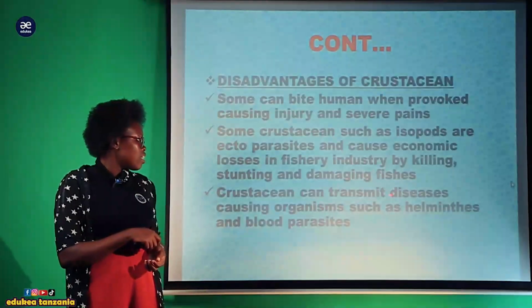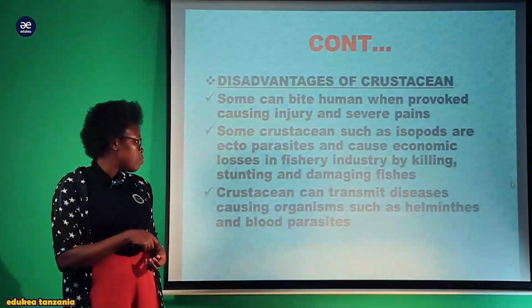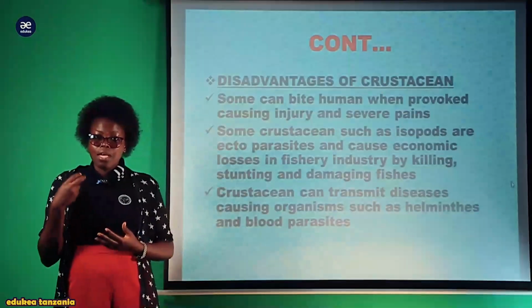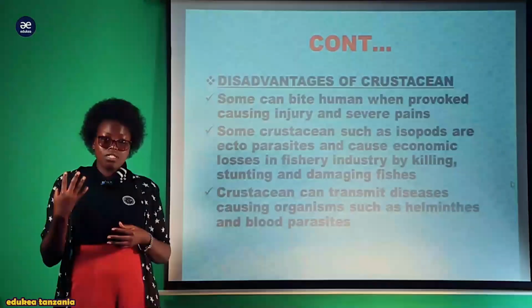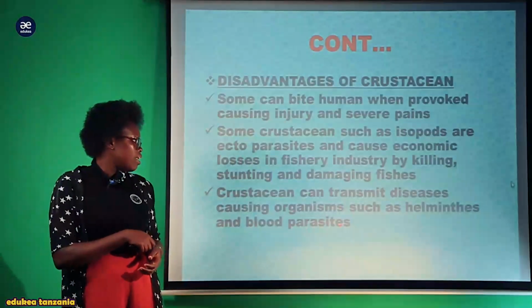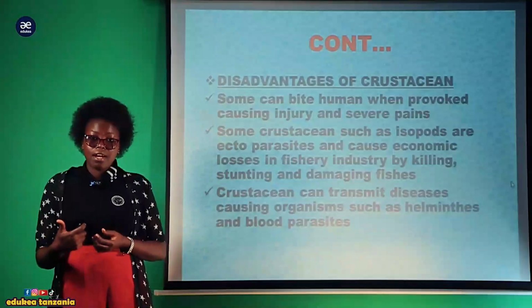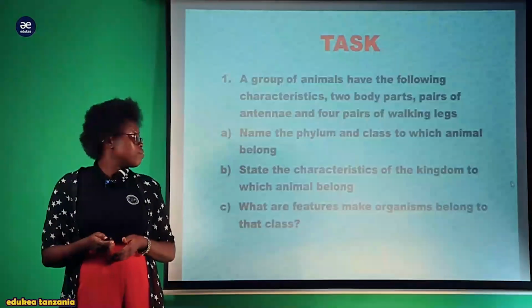Also, Crustaceans can transmit disease-causing organisms such as helminthes and blood parasites. Crustaceans can lead to the spread of diseases, for example those caused by worms, such as helminthes, and blood parasites, which cause harm to organisms, including human beings who consume them, and other organisms.